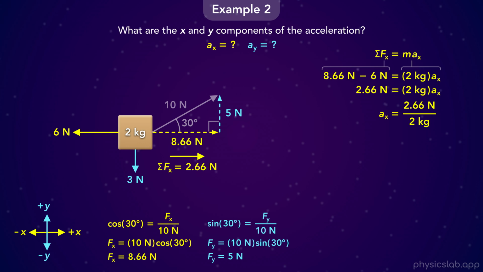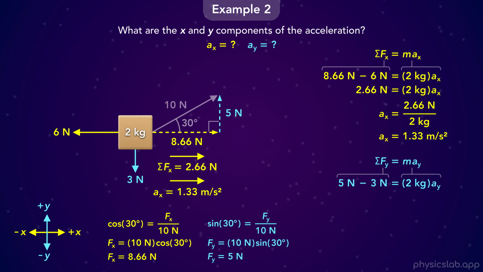If we divide that by 2 kilograms, we get positive 1.33 meters per second squared for the acceleration in the x direction. In the y direction, the net force is 5 newtons minus 3 newtons, or we can leave the y component as 10 newtons times the sine of 30 degrees. Again, we plug in 2 kilograms for the mass.